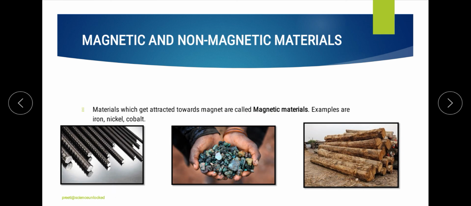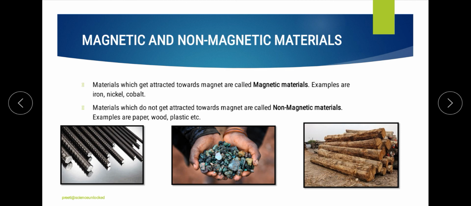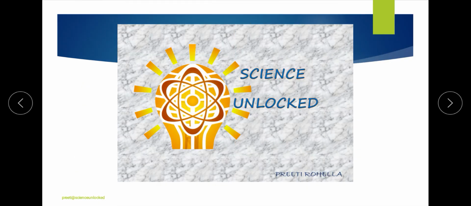The things which get attracted are considered magnetic material, whereas the ones which do not get attracted are considered non-magnetic material. And we have multiple examples. For magnetic we have iron, nickel, cobalt, and for non-magnetic we have examples like paper, wood, plastic, and many more things. So this was the first part of the chapter that we have completed over here.